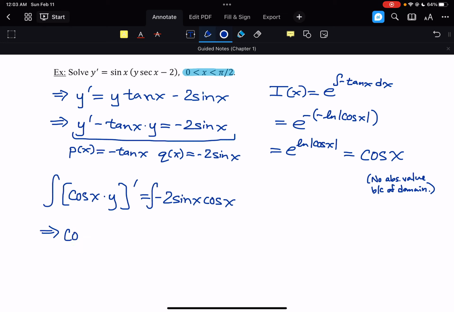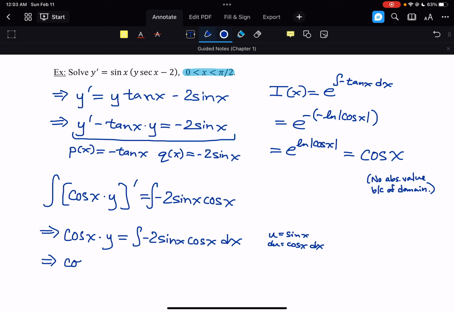On the right-hand side, we'll get the integral of negative 2 sine of x cosine of x dx. We can solve this using a u substitution. If you let u be sine of x, du is cosine of x dx, and that covers it sufficiently.